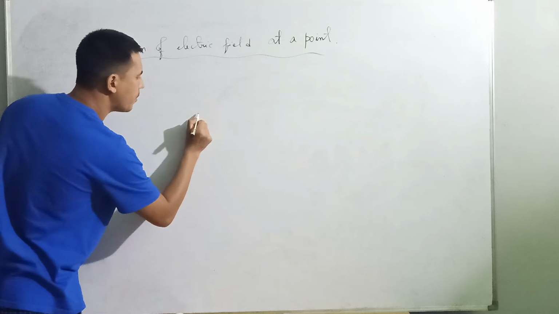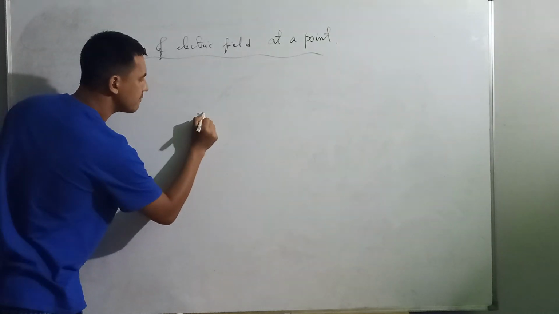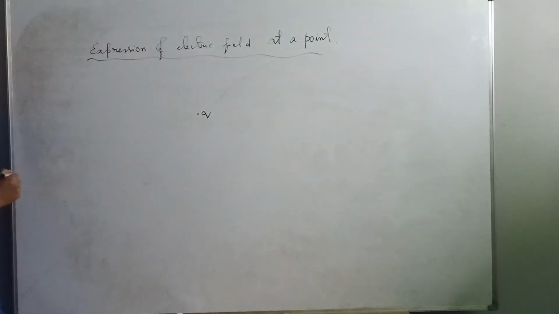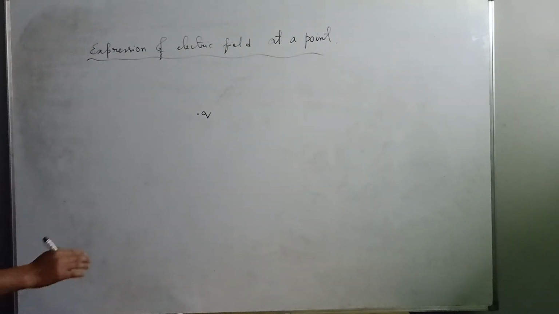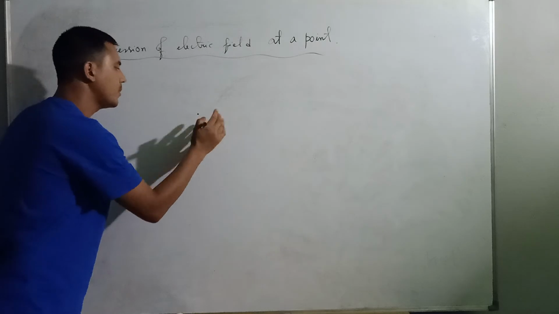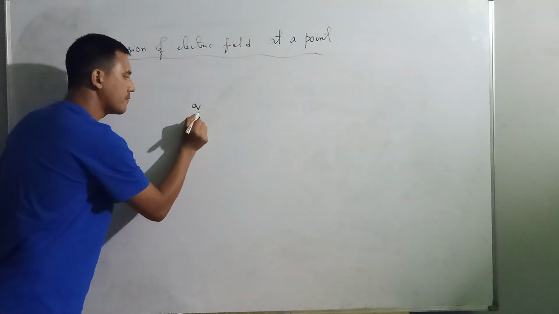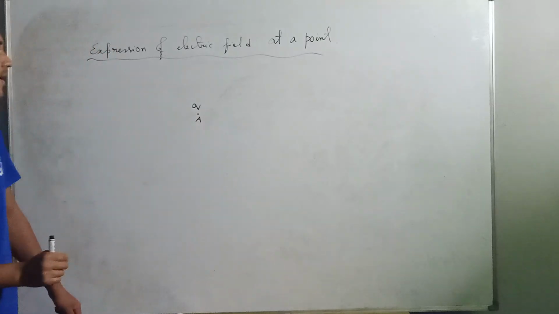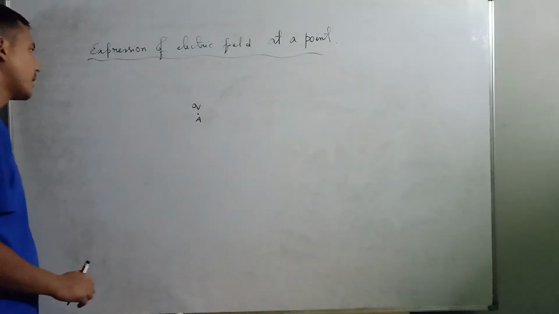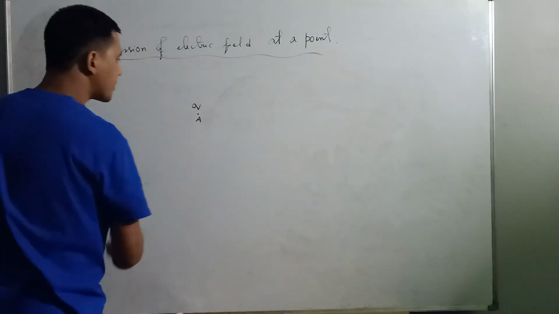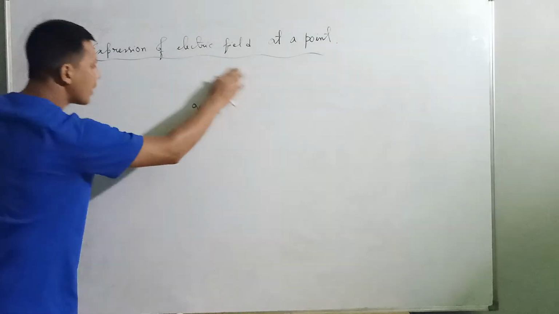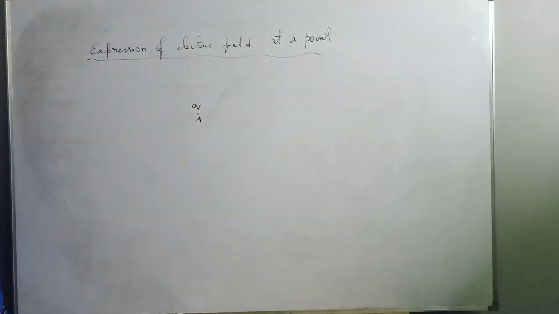suppose a point positive charge Q is placed in free space. Alright? A point positive charge Q is placed at point A. Then this point charge Q will create a field in a region around it, known as electric field.